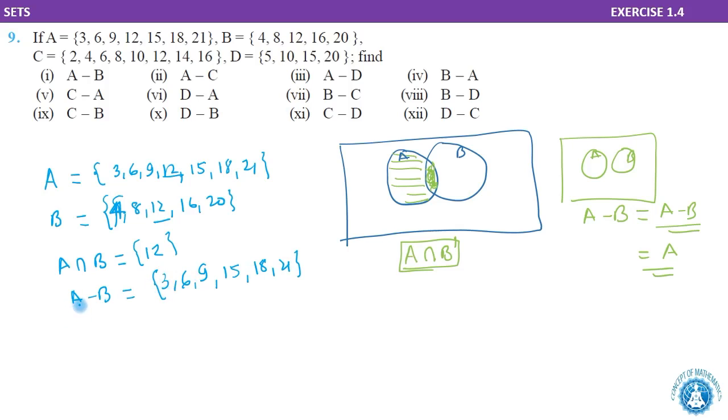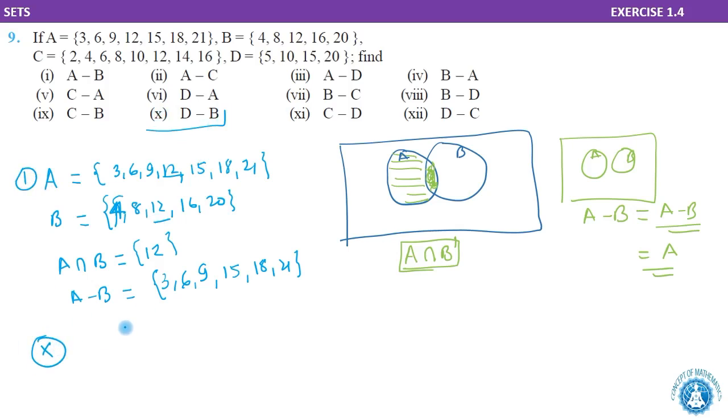So similarly, we can try one more question out of this. Let us try this one, question number 10. Okay, it was question number 1 and we will do question number 10.